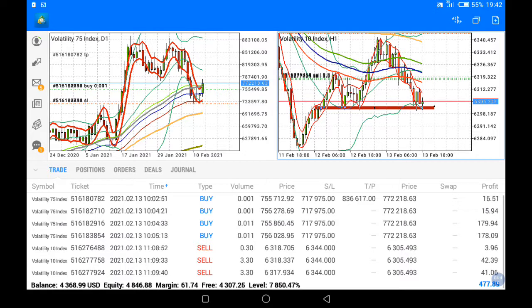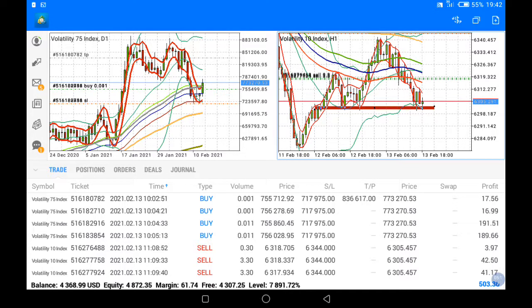Like the V75 index, the Volatility 75 index, they say it follows the dynamic of the S&P 500. So if you study the S&P 500 very well, or you're good in that market, you would also be good in the volatility index market, because you would respect all of those zones that you respect around the S&P 500.